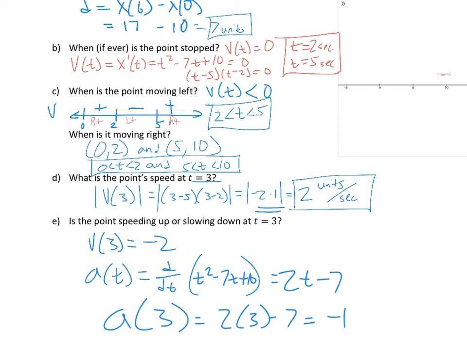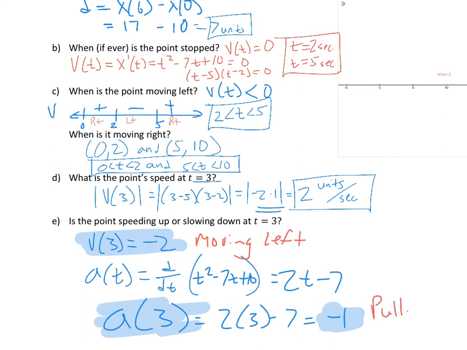So what's going on? We have a velocity of negative 2 and an acceleration of negative 1. Does that mean it's slowing down? Negative acceleration seems like it's slowing down. Well, we've got to be careful there. This is moving left, and a negative acceleration means it's pulling, think of it like a tug of war, to the left.